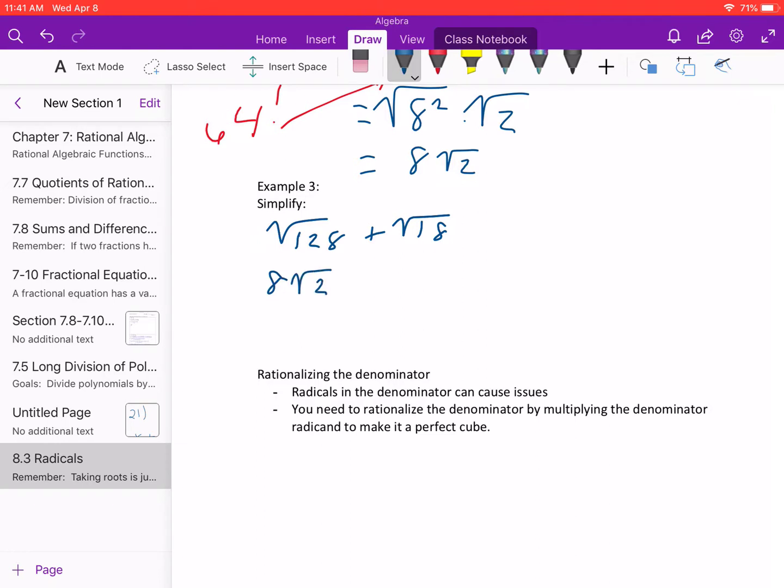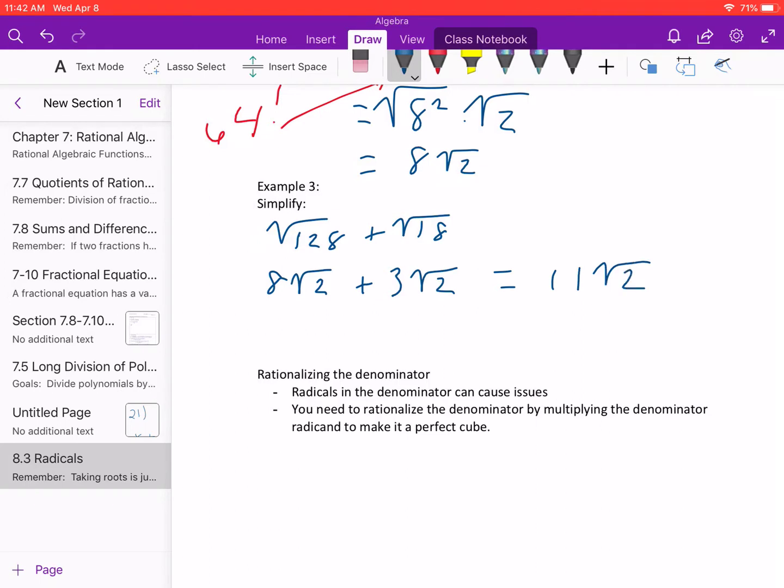And 18 is a very small number, and we know 2 times 9 is 18, and the square root of 9 is 3, so this becomes 3 times radical 2. Because I have the same radicals, those two values can be added together, and this ends up being 11 times the radical of 2.